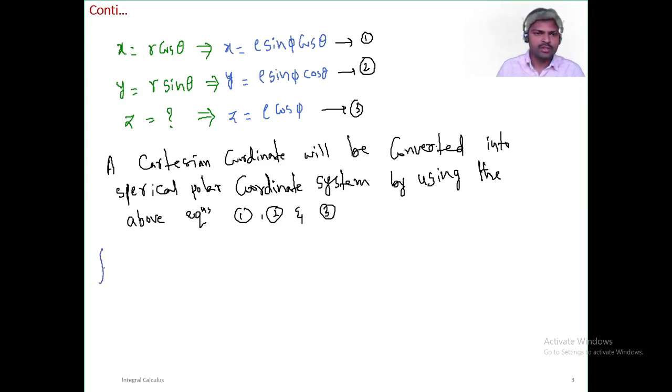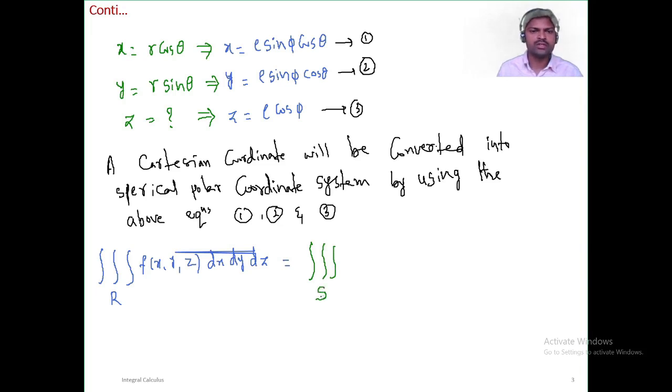So triple integration over R. This R is a region in which x, y, z varies. The function f of x, y, z, dx dy dz, how does it modify? Triple integration over S, which is a region in which rho, theta, phi can vary.